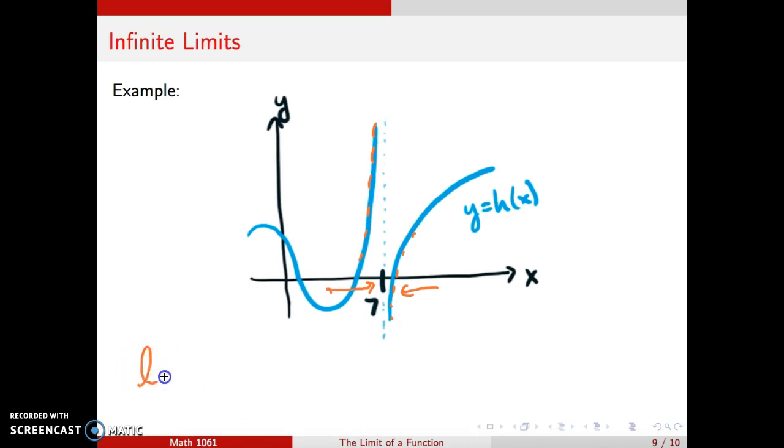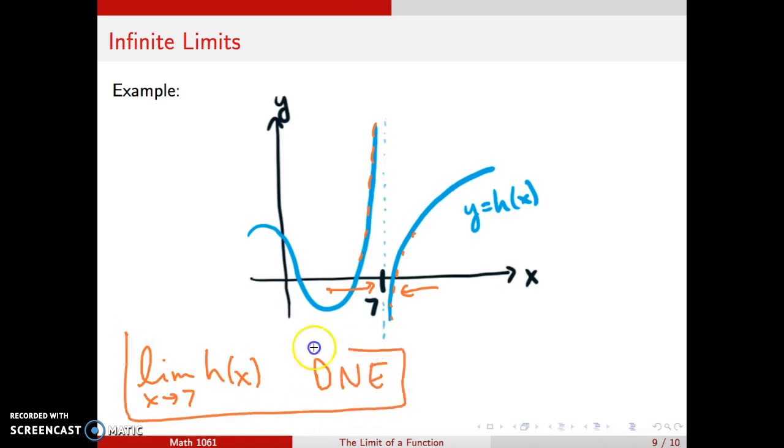And this would be a case where we would definitively say the limit of h of x as x approaches 7 does not exist. It is not an infinite limit because it doesn't increase without bound or decrease without bound on both sides. So that's the picture that we have.